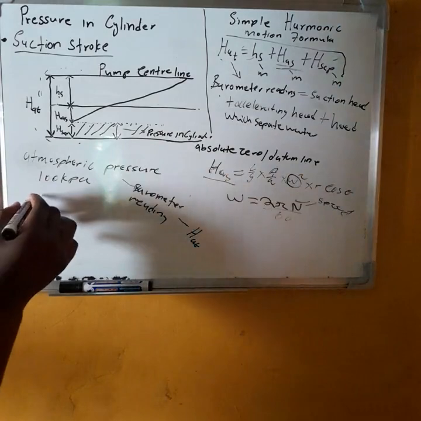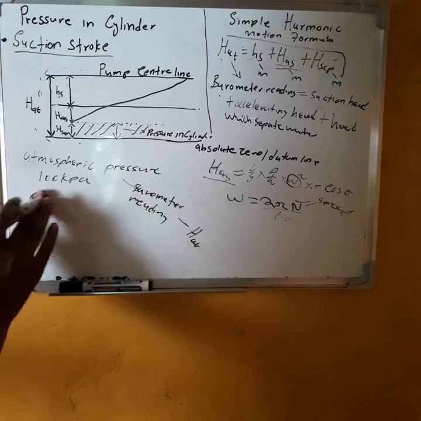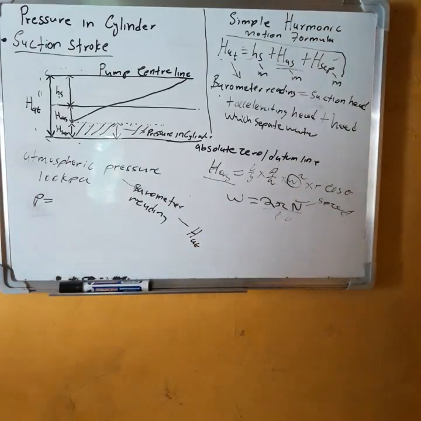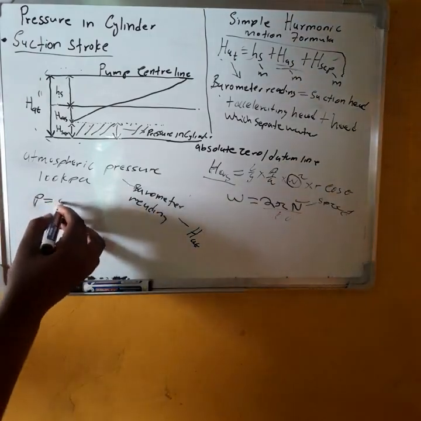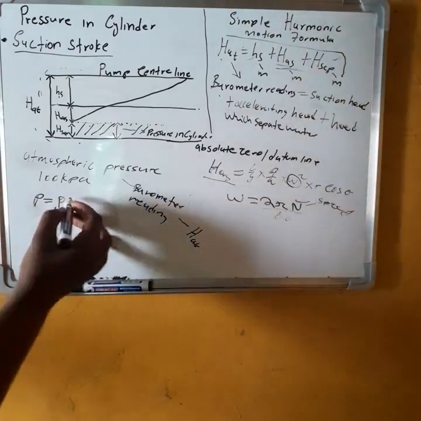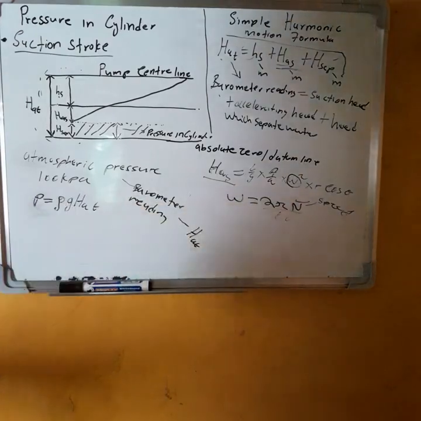That means you know this formula: we want the head. Remember, pressure is equal to what? You must know that it's rho G, and this will be HAT.